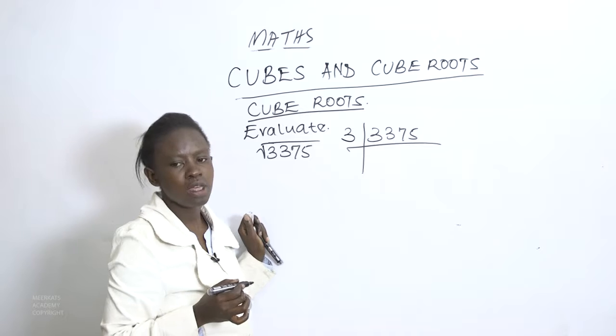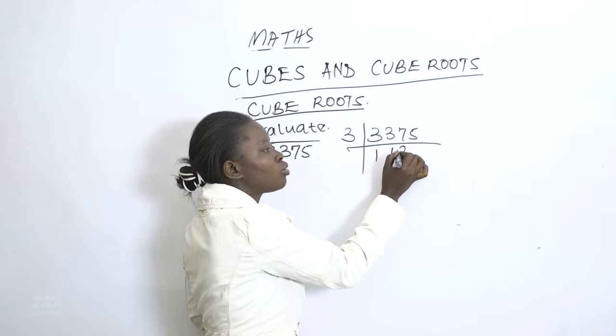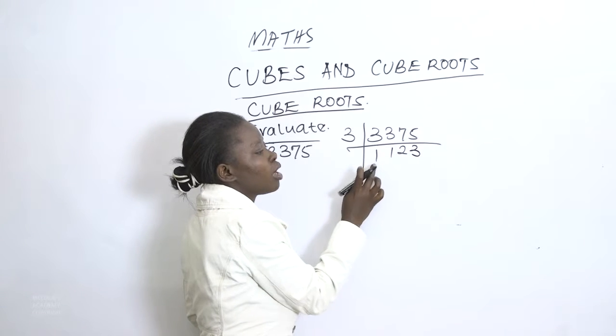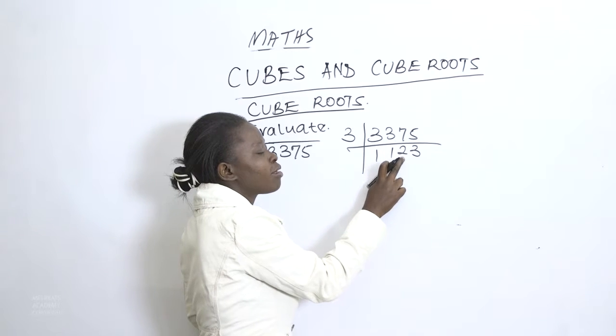So I have 3 into 3, that is 1, 3 into 7, 2.